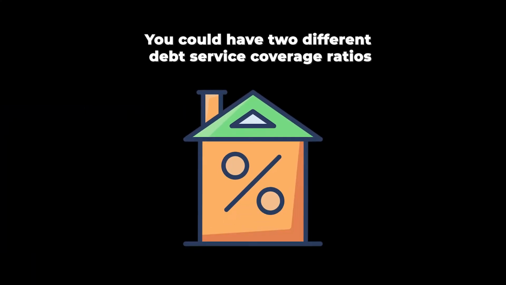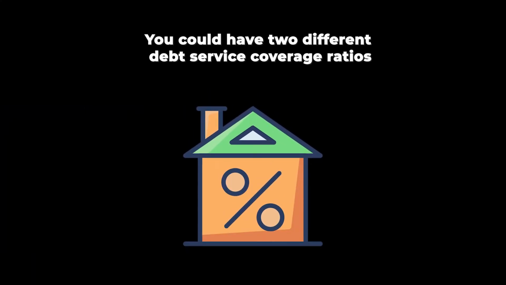One buyer might buy a property with, let's say, 50% leverage and only take out a 50% loan, whereas on the same exact property, another buyer might use a 75% loan, which increases debt and would increase the monthly debt service. So you would have two different debt service coverage ratios. It really depends on both the property's financials as well as the exact structure that each individual buyer or owner has with his or her bank.